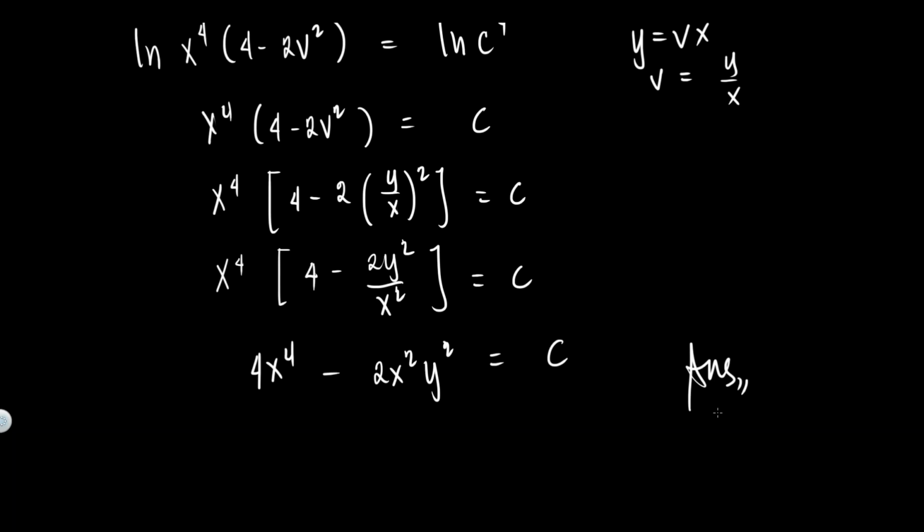Okay? Yes. One more. Number 6. Okay, number 6. Sine y over x times dy over dx equals y over x times sine y over x plus 1.